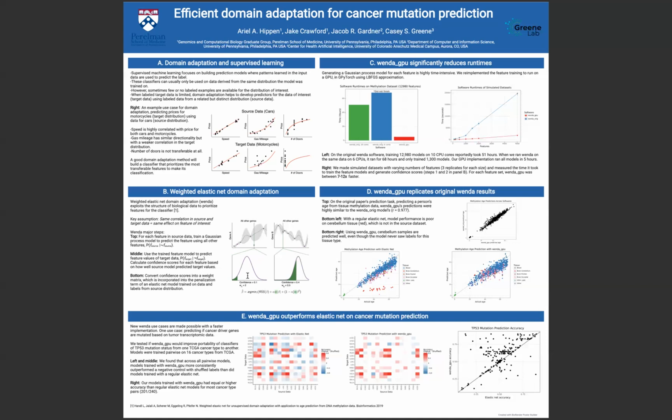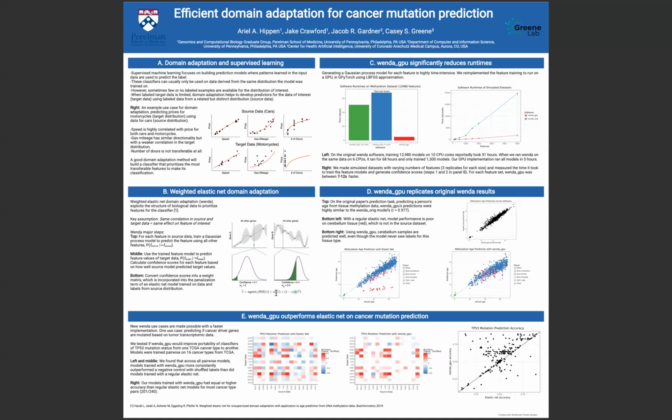Finally, it converts these confidence scores into a weight matrix, which is incorporated into the penalization term of an elastic net model, trained on the data and labels from the source distribution. Thus, the elastic net model trained on the source distribution is optimized for its transferability to use in the target distribution.